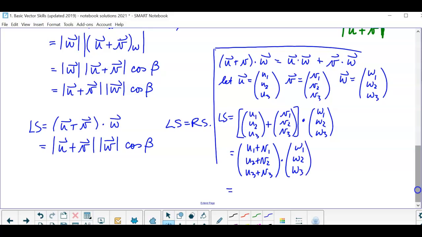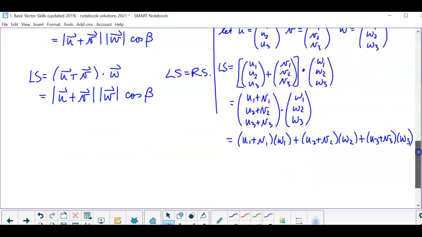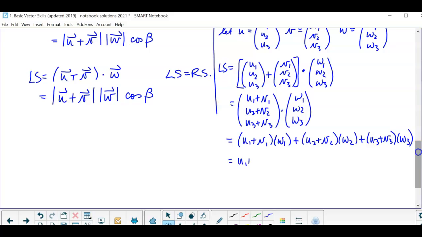Okay, then we expand out, so that's U1 plus V1 times W1, U2 plus V2 times W2, U3 plus V3 times W3. Distribute.